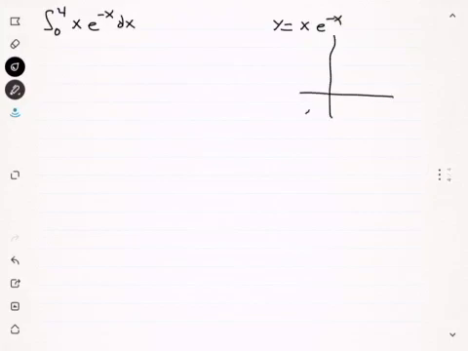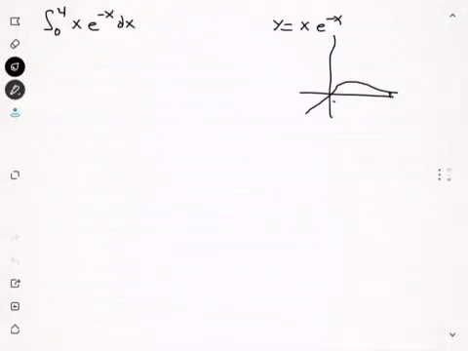If you graph this function, it will never touch the x-axis, but from 0 to 4, this would be basically this area right here, and that's what that integral is.